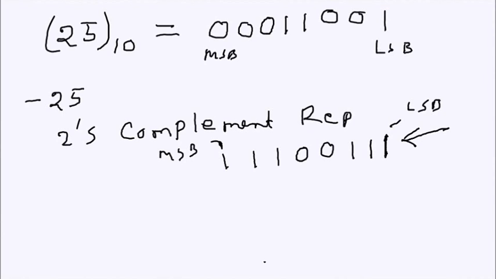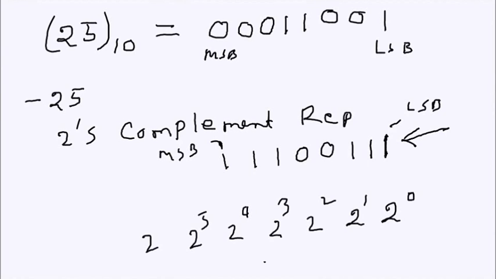For a positive value, the weights are 2 to the power 0, and so on: 1, 2, 4, 8, 16, 32, 64 and 128.